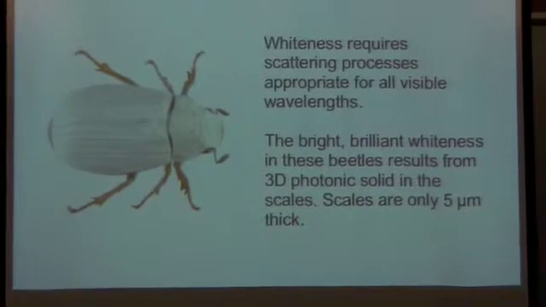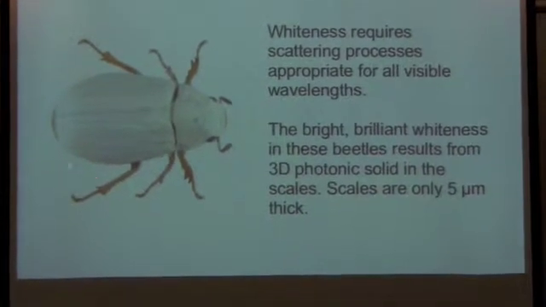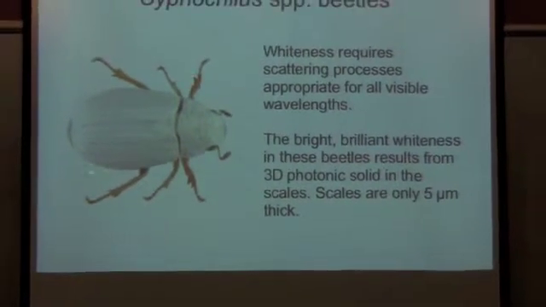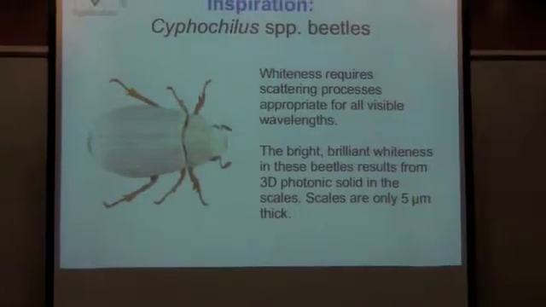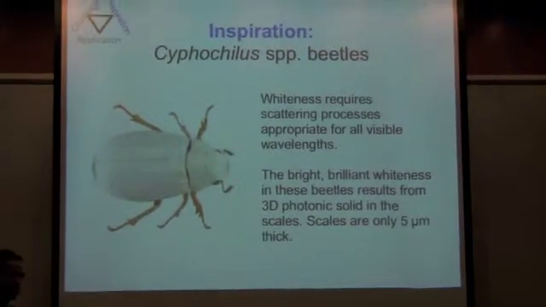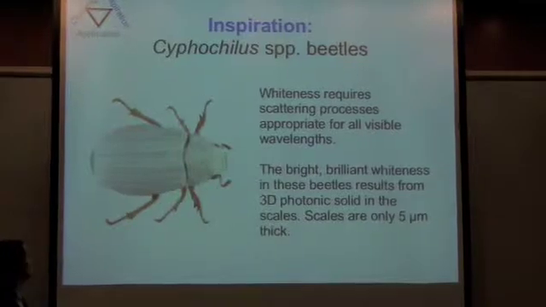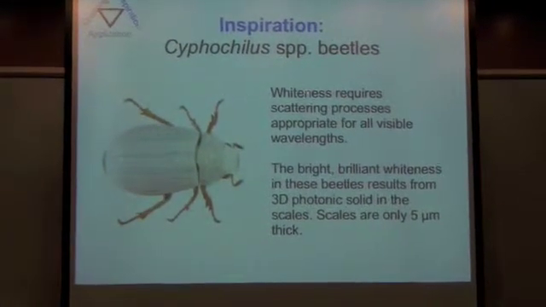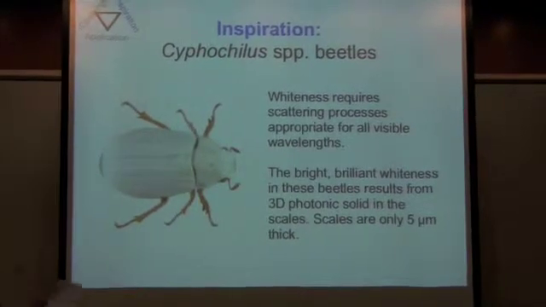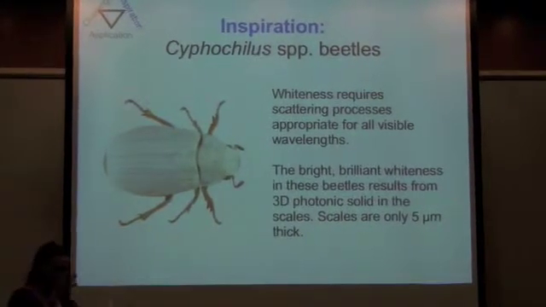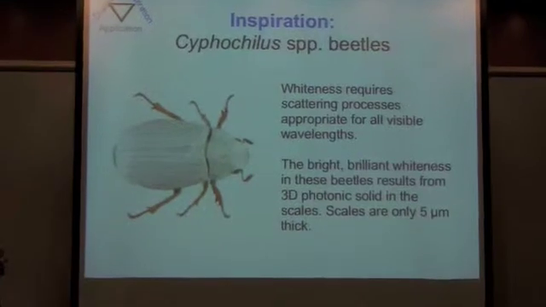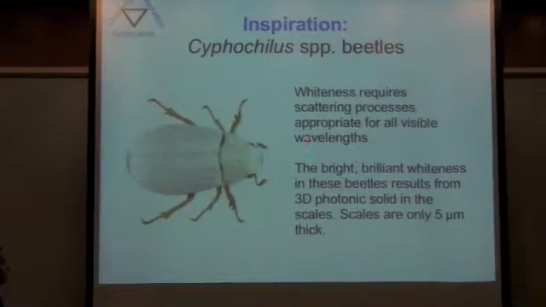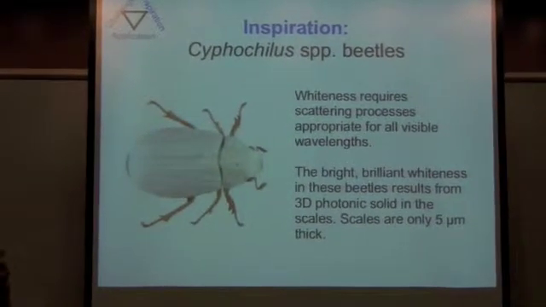The next one is the inspiration, this color white on this beetle. This beetle lives among fungi that are also white, so it likes to be conspicuous, so it wants to be white. And this whiteness requires, of course, scattering processes. A lot of the appropriate visible wavelengths are scattered.